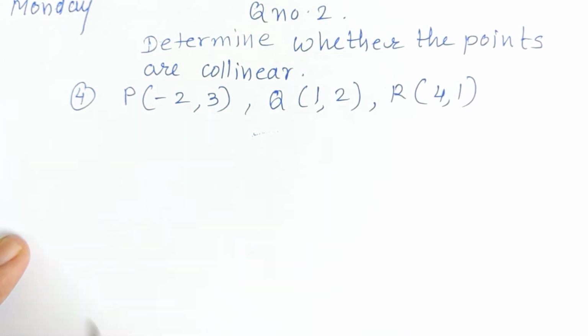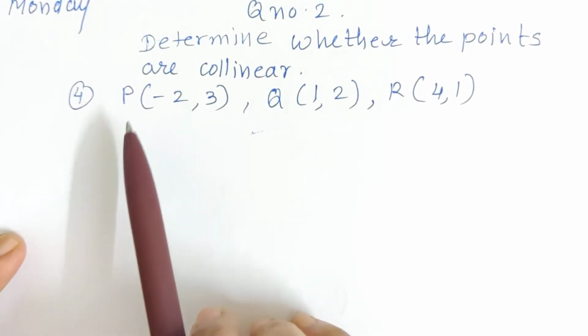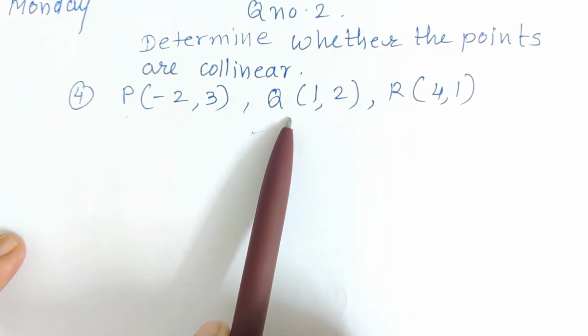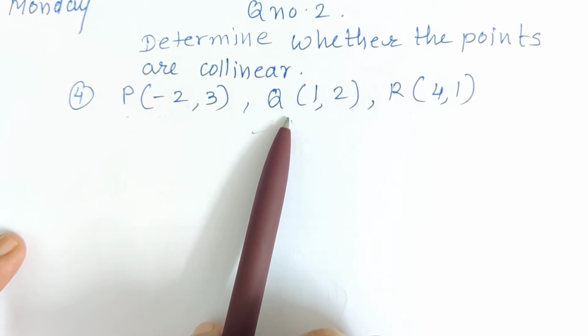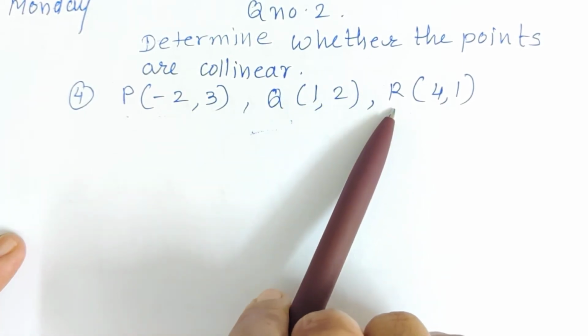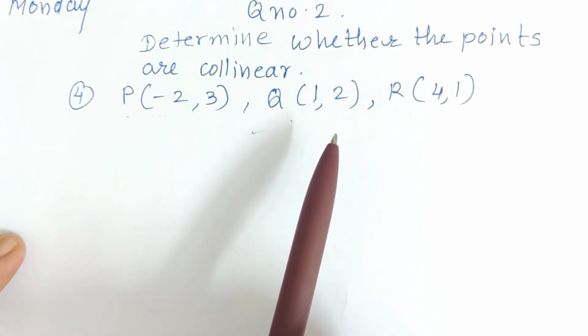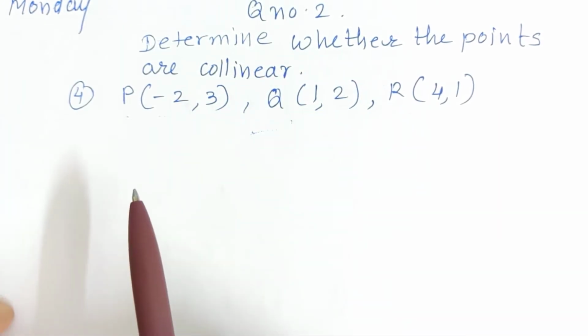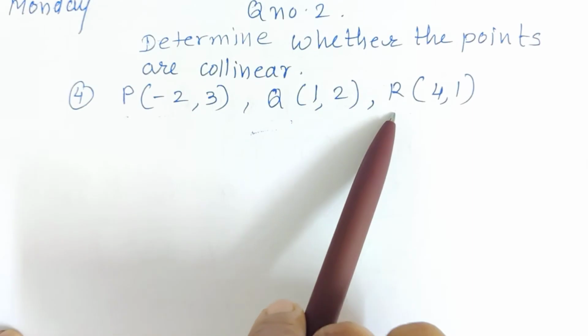In the first question we used the distance formula to find the distance between 2 points. Now here we will use the distance formula 3 times. First we will find the distance of PQ using the distance formula. Then the distance of QR, thirdly the distance of PR.